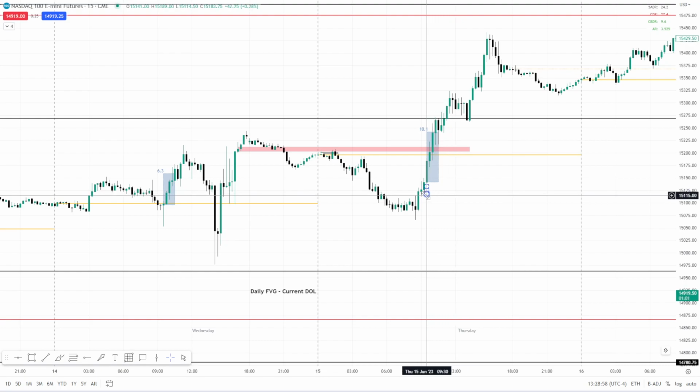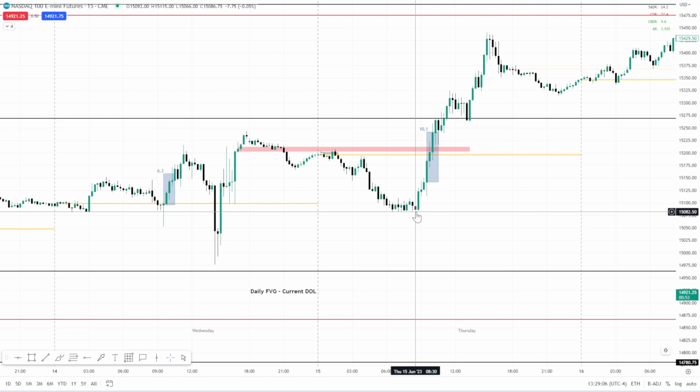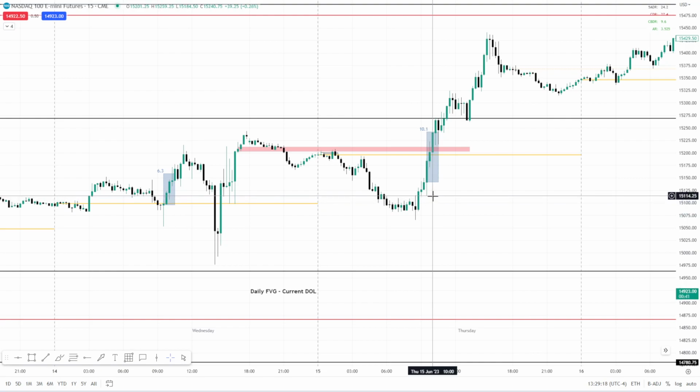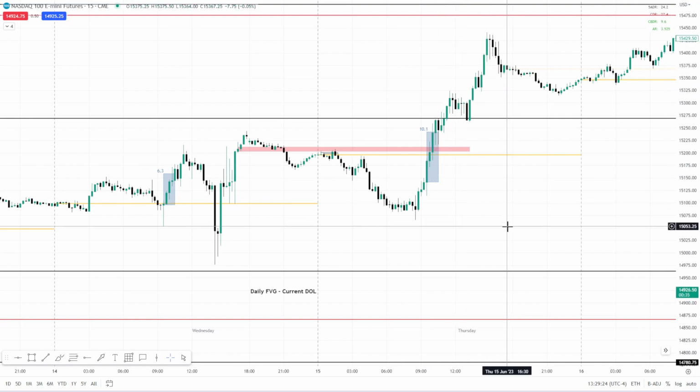So like this comes down, it's the low on this candle. 150, 170, 150. What's the high on this one? 151.15. Oh, 151.14.50. There we go. Okay, so that would be it just taps it and then expands away.